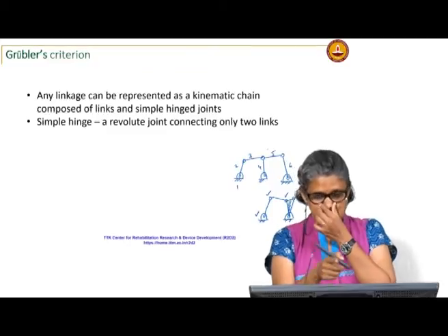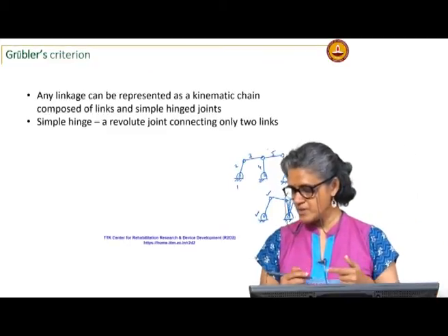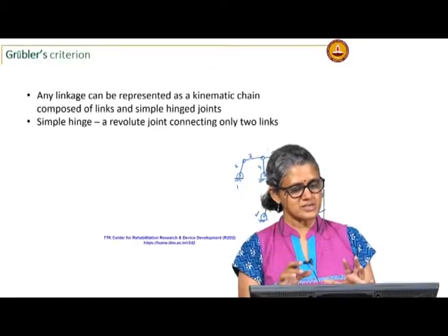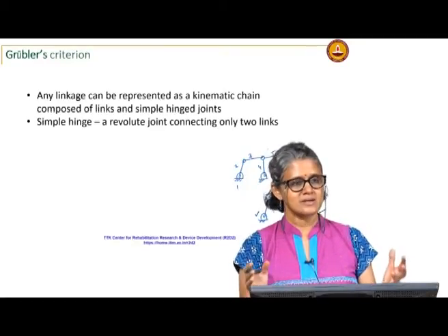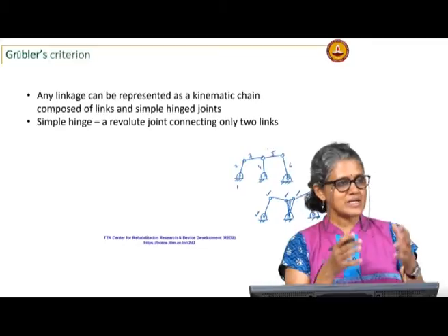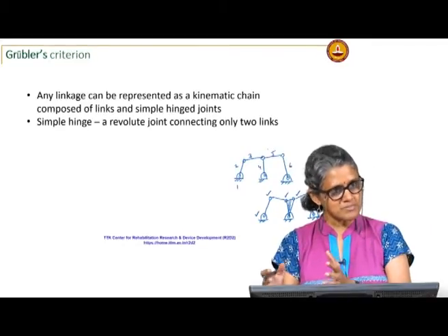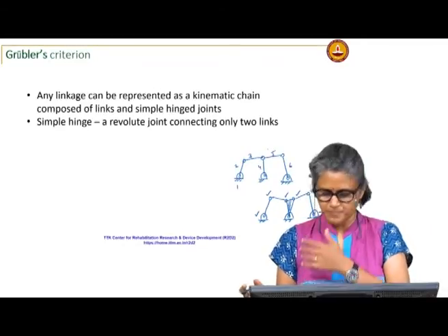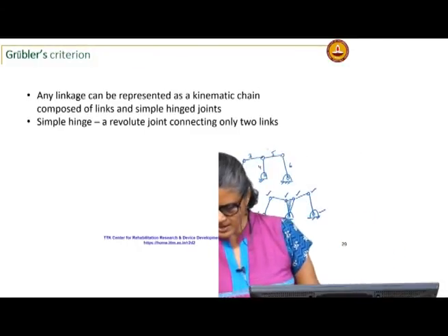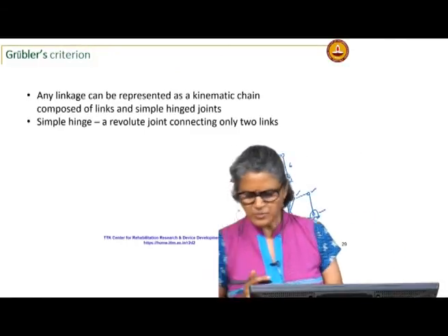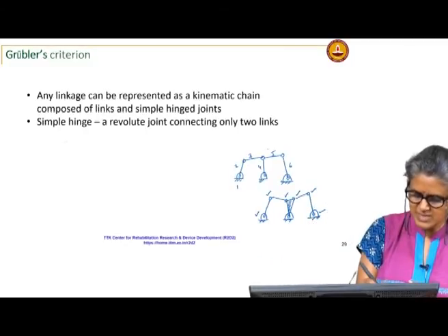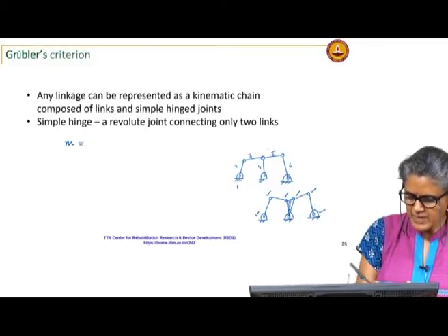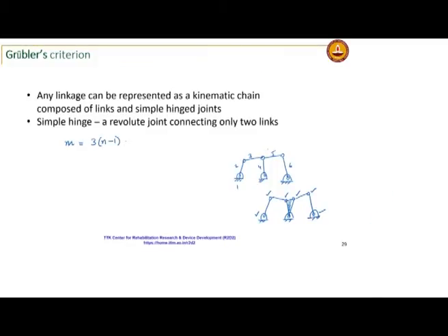The reason I am doing this is because we will now do some things with the mobility equation, where we make the assumption that we are converting any mechanism in any linkage into something with only simple hinge joints. So, we take the mobility criterion. If I am only dealing with simple hinge joints, I can write the mobility criterion as 3 into n minus 1 minus 2 j1.